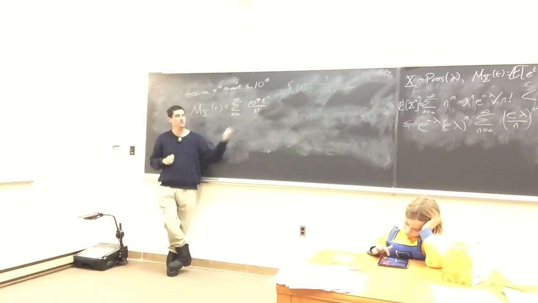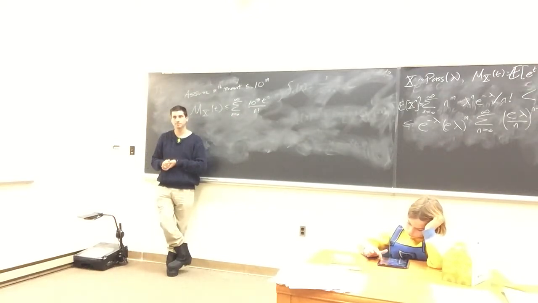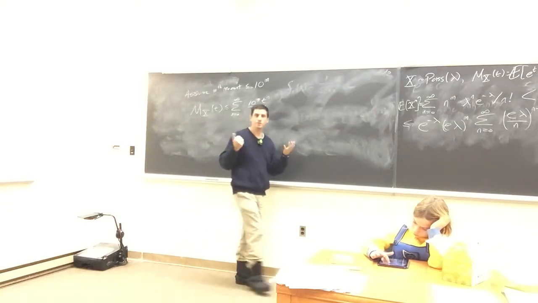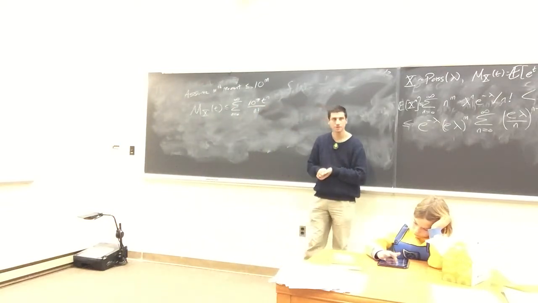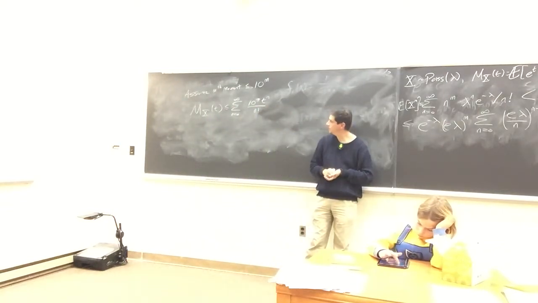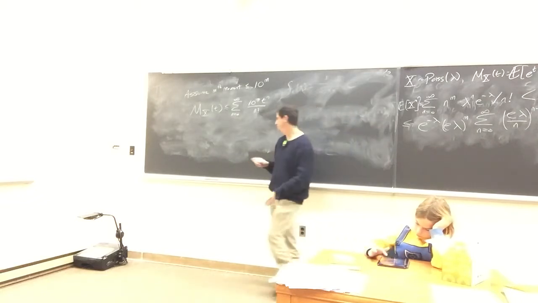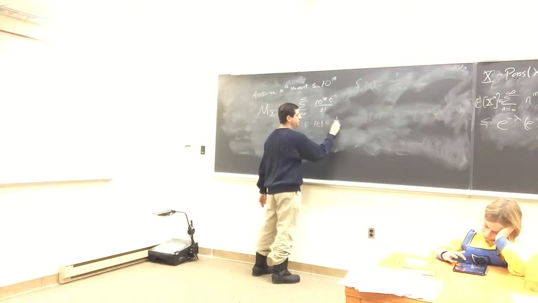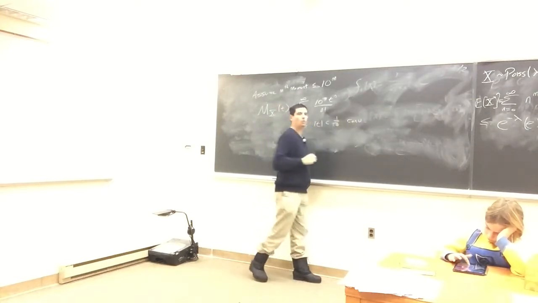For what values of t will this converge? So one thing is if the absolute value of t is less than 1/10, it converges. Why?